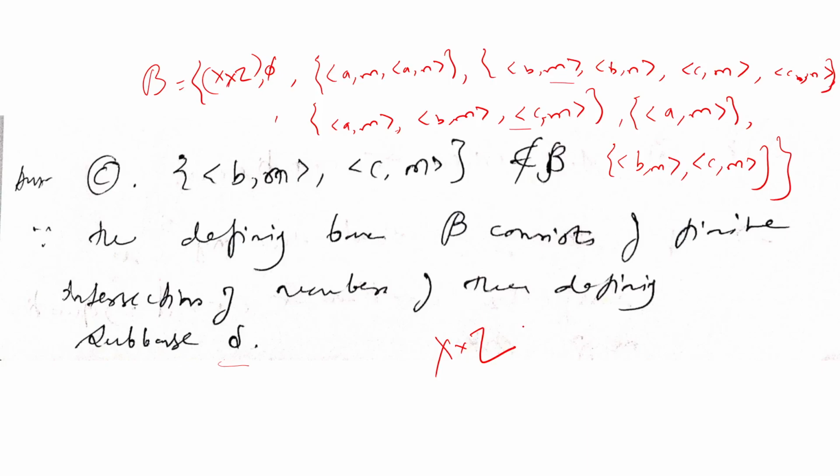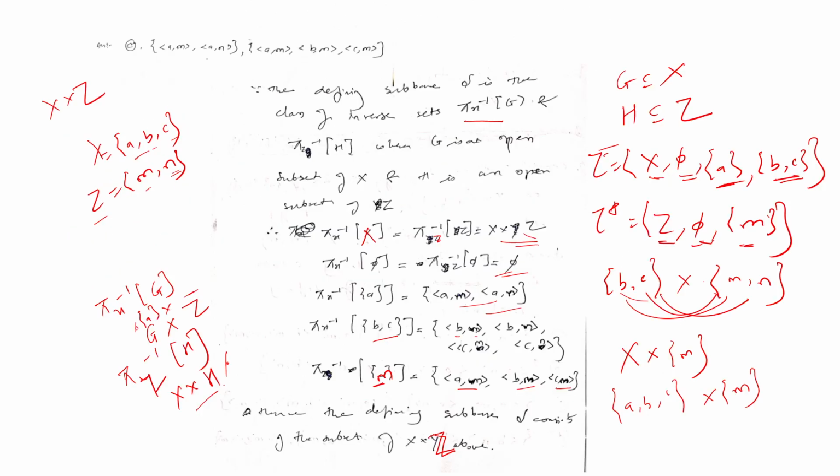Okay, so I hope it is clear what were the members of the subbase S and what are the members of the basis. Are you still having doubt in this? Are you still facing doubt in why the subbase elements were as defined here?